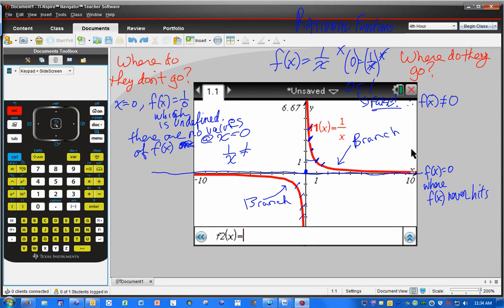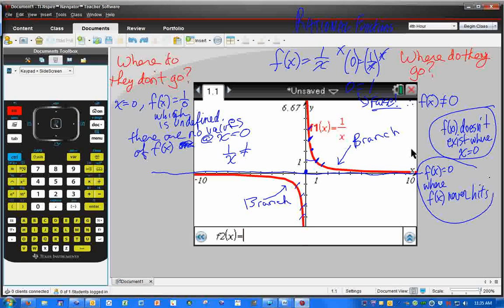So f of x is never going to hit where f of x is equal to 0. Those are your two big things.